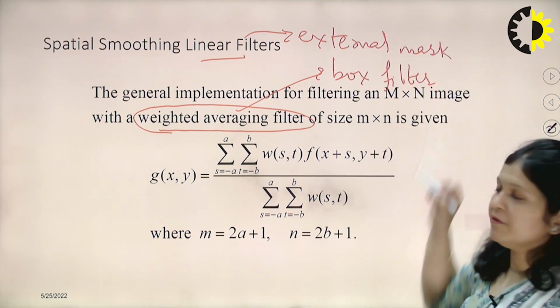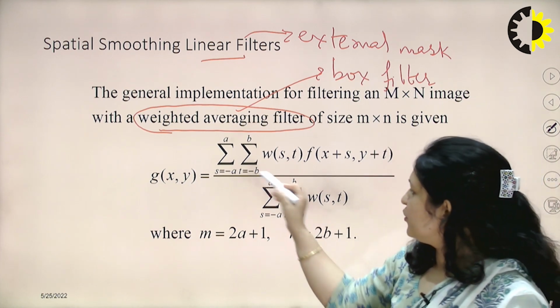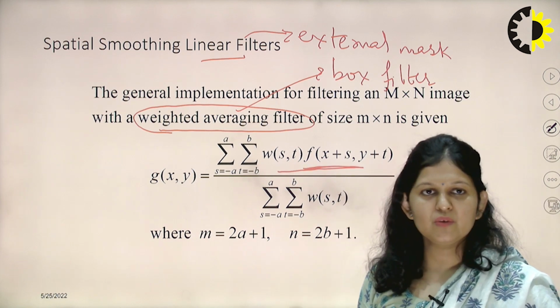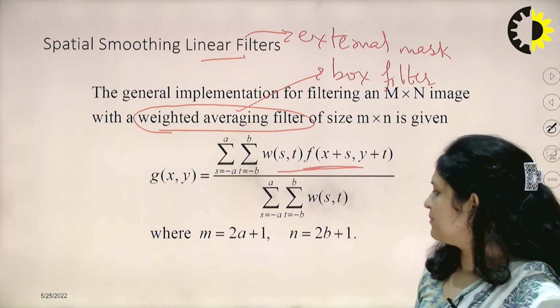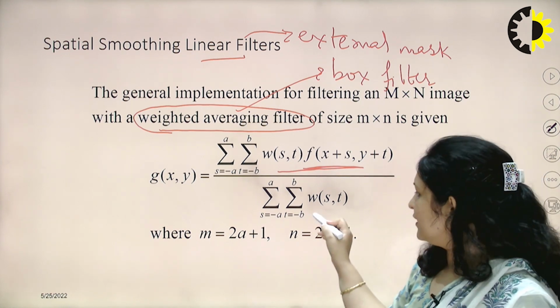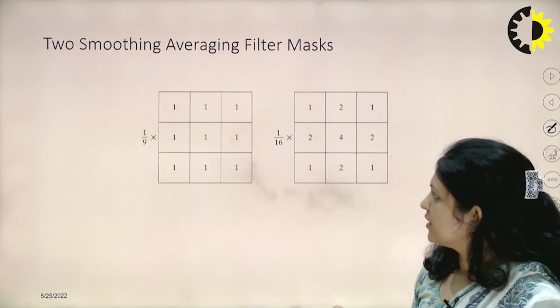And the operation we perform is the convolution operation. Here we do the multiplication of the values and then the summation. And then we divide it by the sum of all the pixel values. So this is the case.